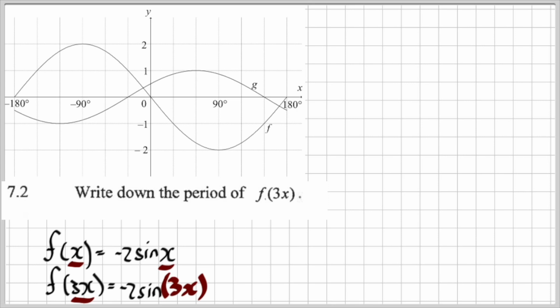What did the 3 change? It changed the period. So the period is now whatever the original one was divided by 3, because there's a 3 in front of the x. So therefore, your period is 120 degrees.